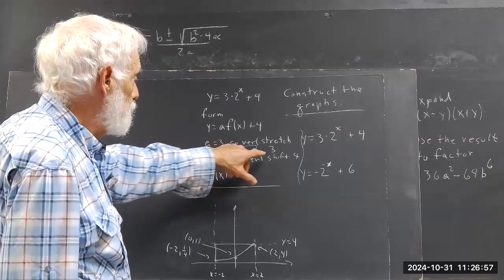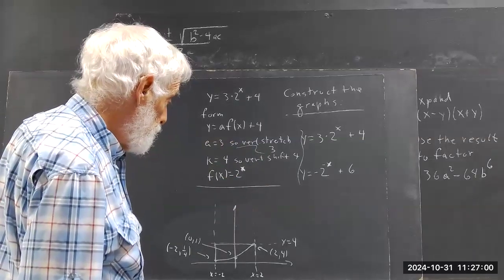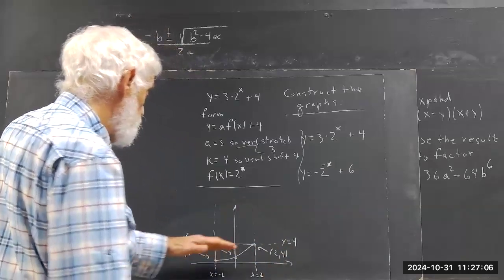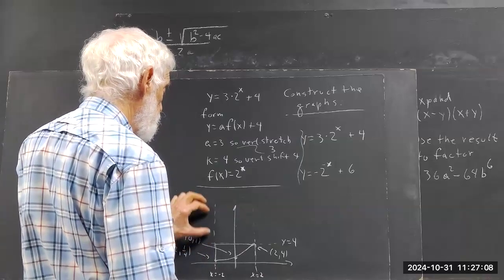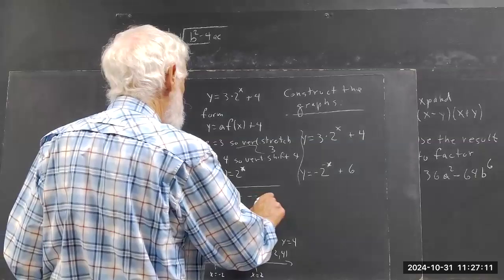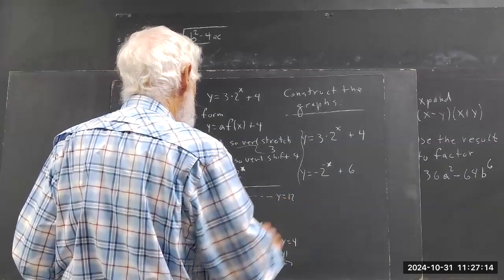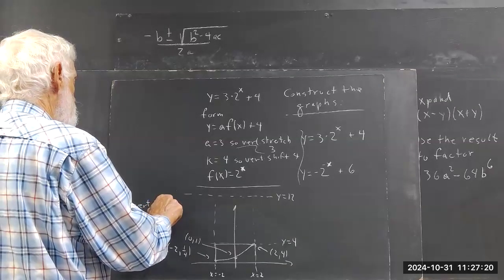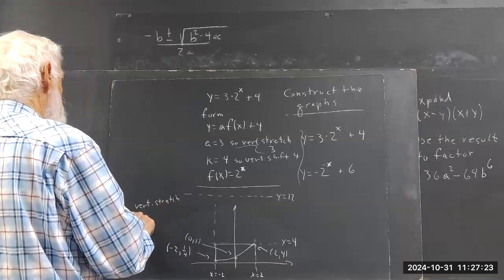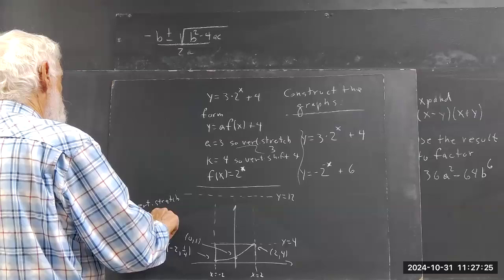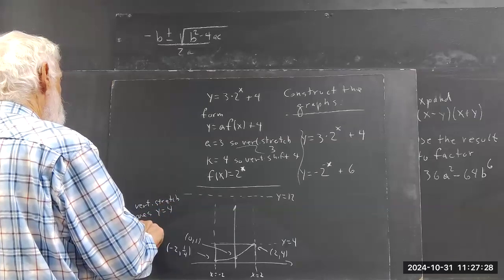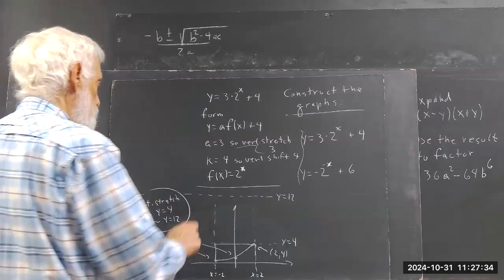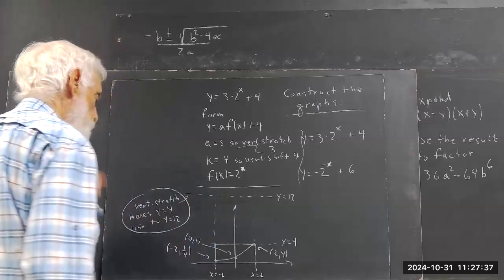Now, if we vertically stretch this by a factor of 3, then all the y values are multiplied by 3. So y equals 4 becomes y equals 12. We'll make a note that the vertical stretch moves the y equals 4 line to y equals 12, so that's why we have the y equals 12 line.